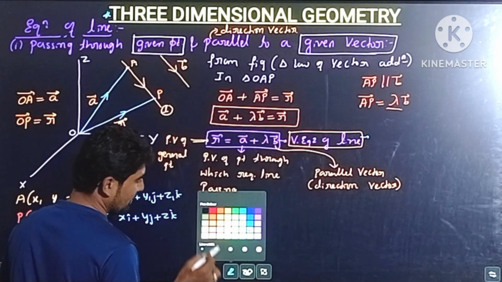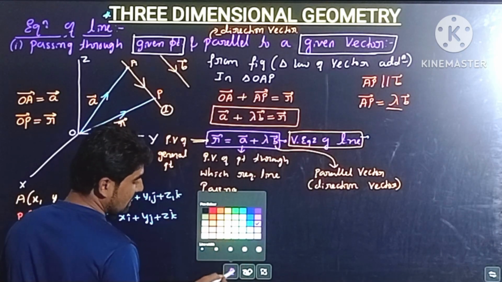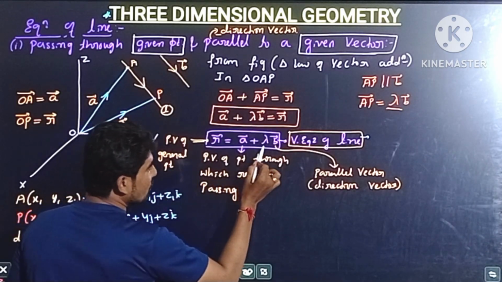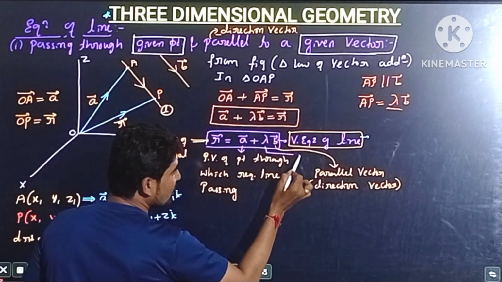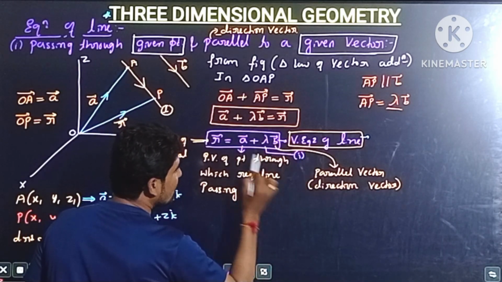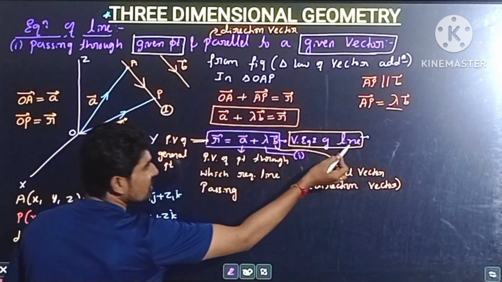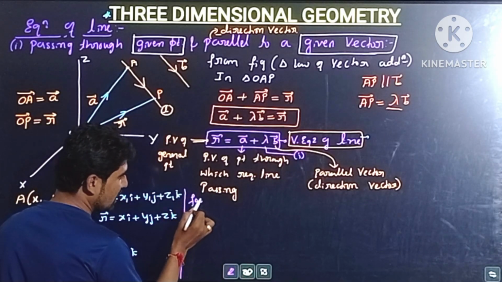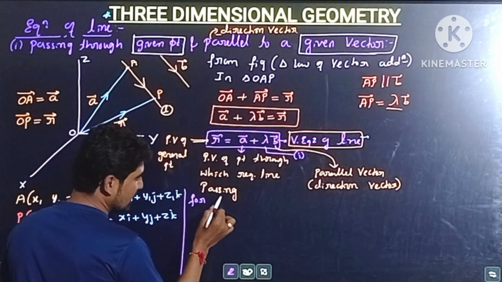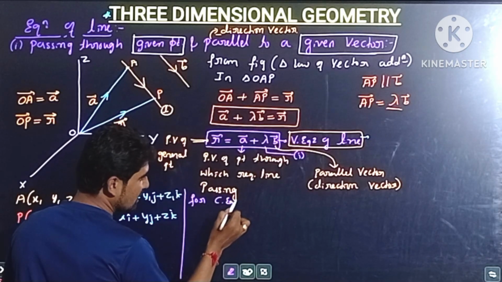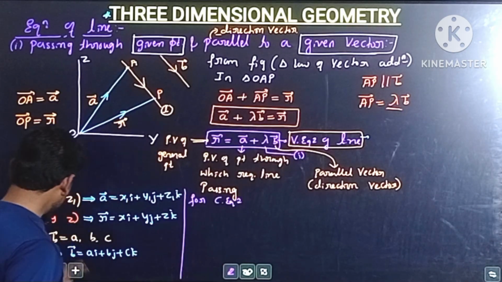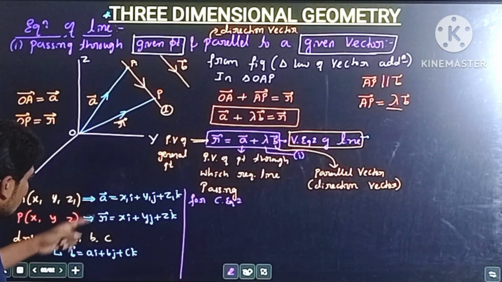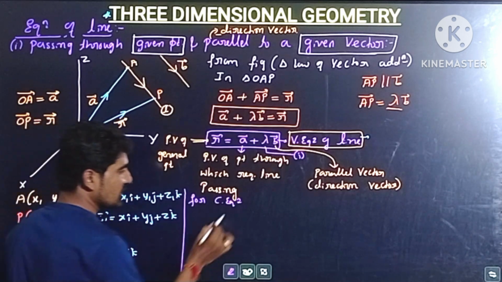See here. I am going to substitute the values of R vector, A vector and B vector in the first equation, where the first equation is the vector equation of the line. So for the Cartesian equation, use R vector, A vector and B vector in the first equation.